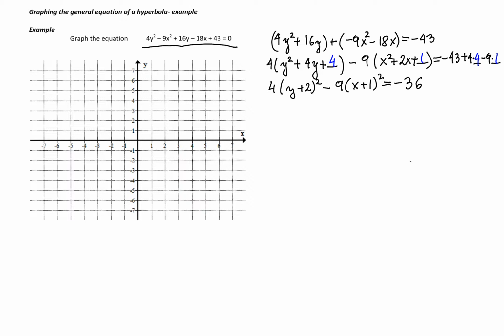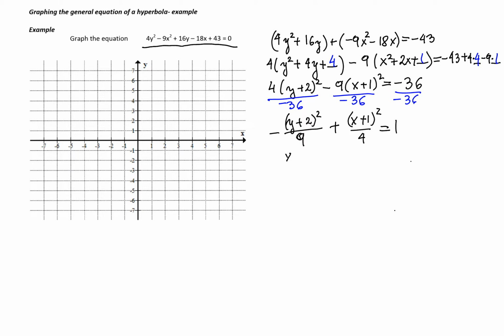We divide every term by negative 36 to get 1 on the right hand side, and we'll have negative y plus 2 squared over 9, so let me put the minus in front, plus x plus 1 squared over 4 is equal to 1.